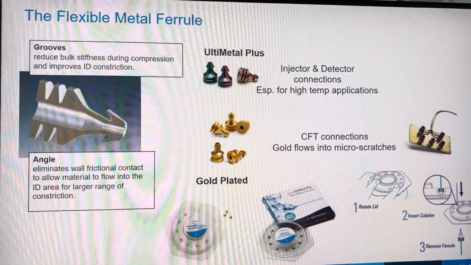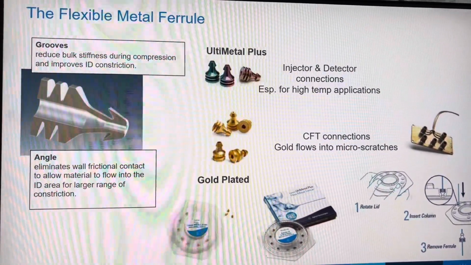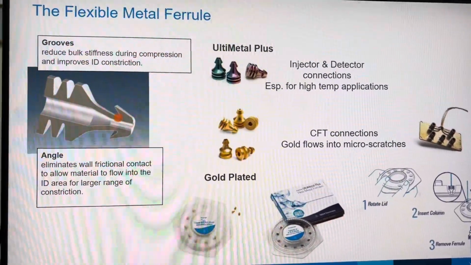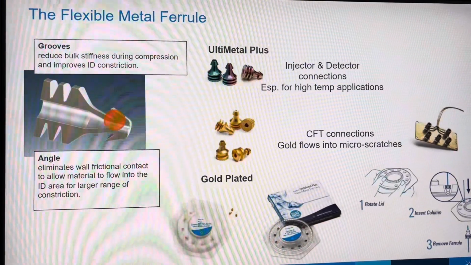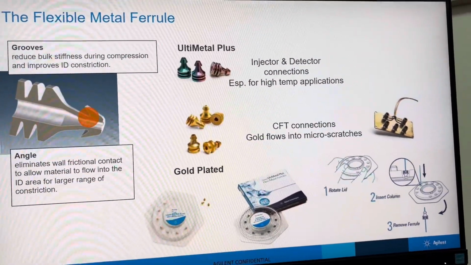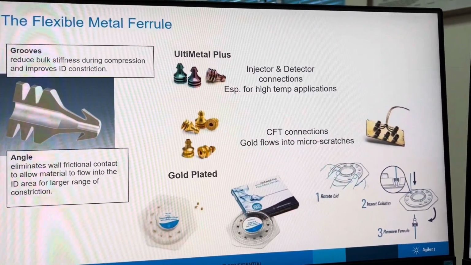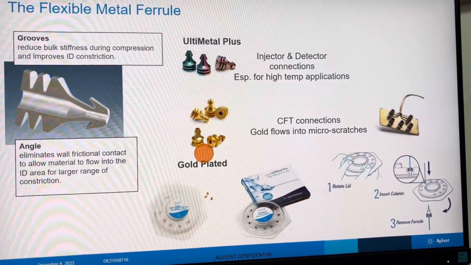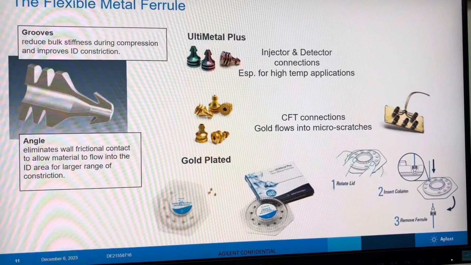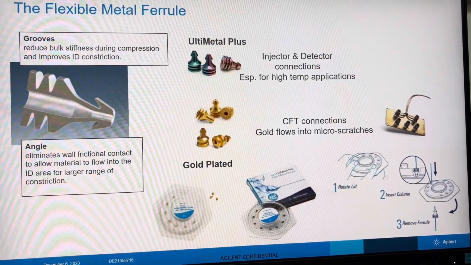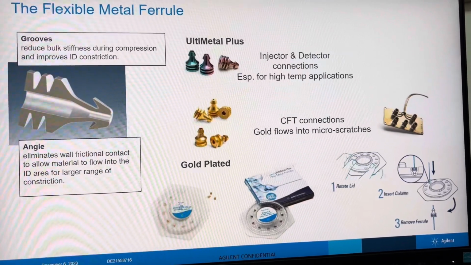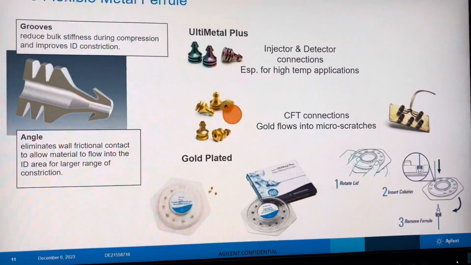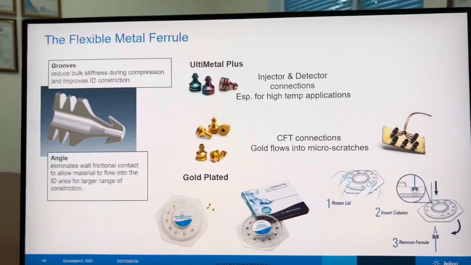That is one of the reasons in CFT technologies it is better to use multi-metal ferrules or gold-plated ferrules. If the sample analytes are polar in nature, or highly basic, I always recommend using gold-plated ferrules, which have good inertness without any problem.